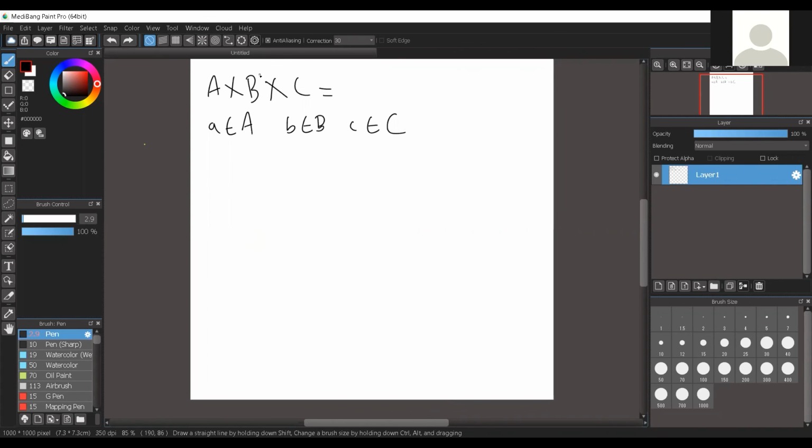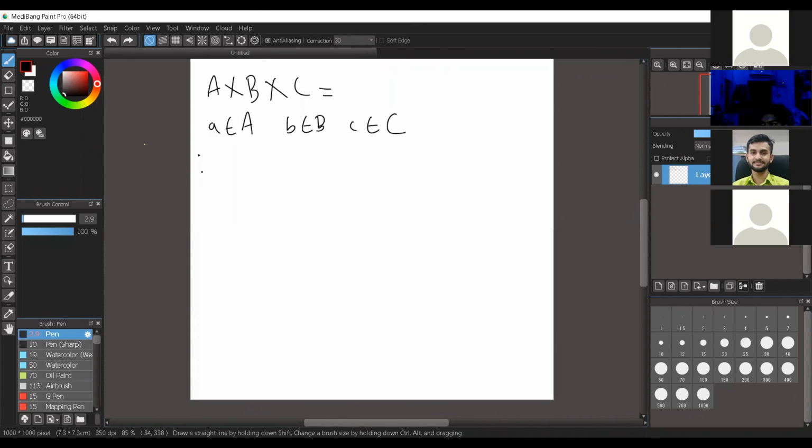Here set A equals, we don't have numbers, so we'll just say A1, A2, A3, going on to An.